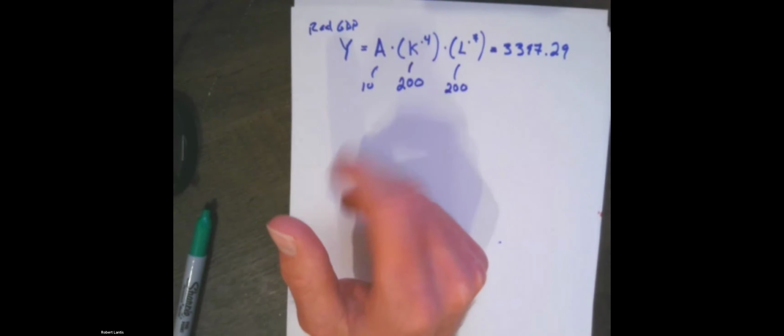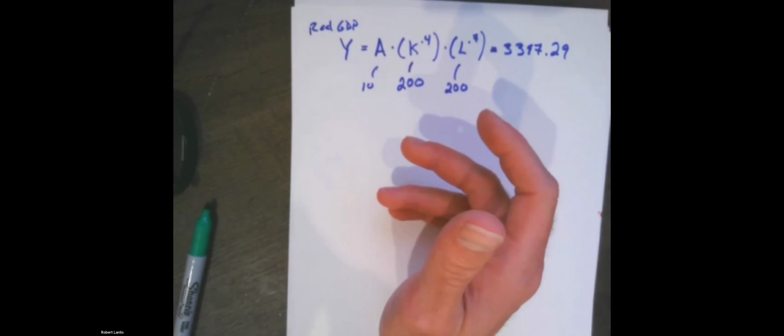So what if instead labor was not 200, but 300? Before I even go through this calculation, if I increase the amount of labor, what should happen to real GDP? It should be increasing. So it's a two-step question.